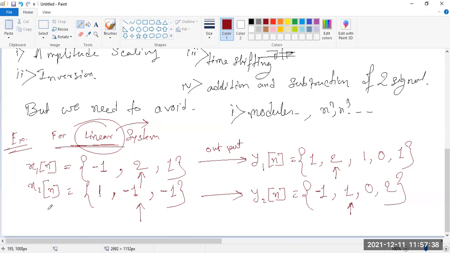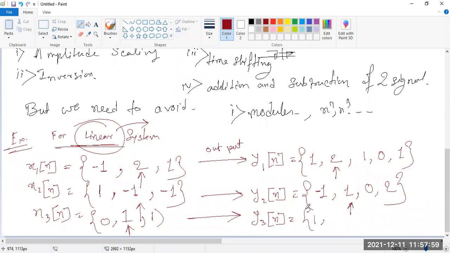And x3[n] equals 0, 1, 0, 1, and the output is y3[n] equal to 1, 2, 1.